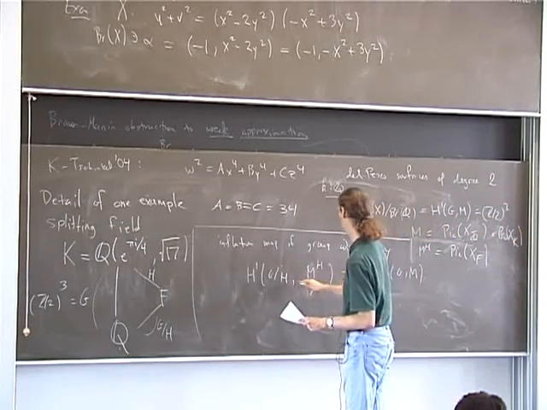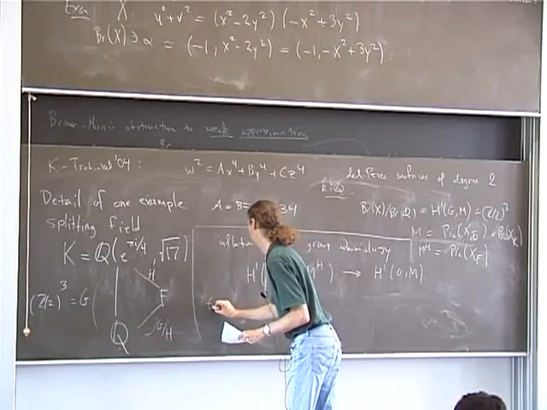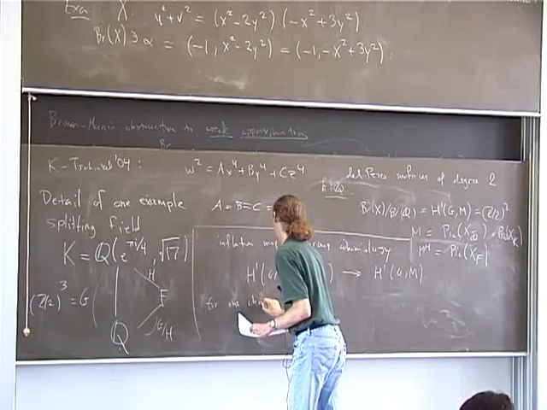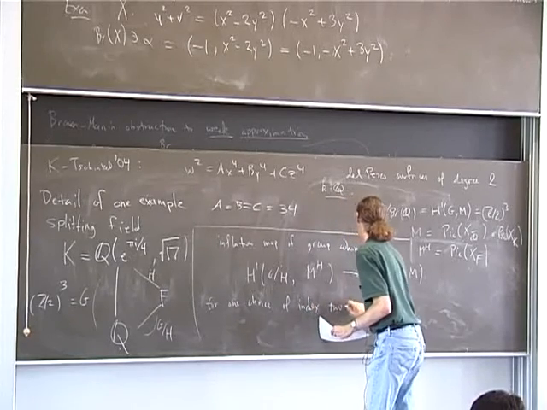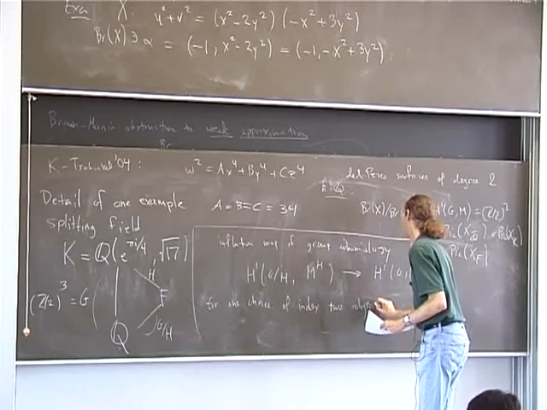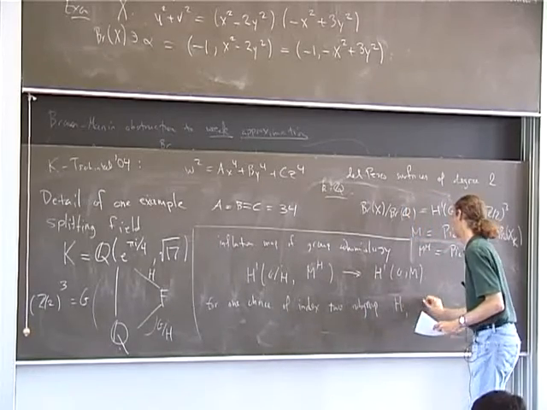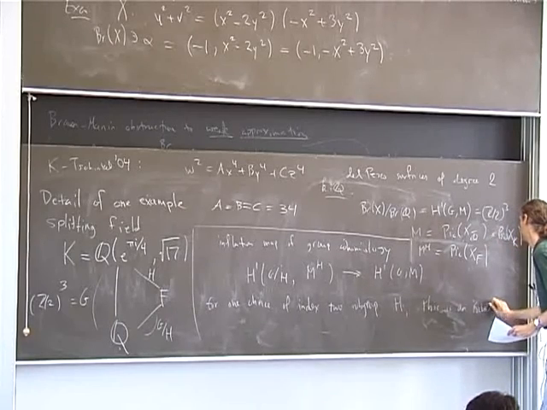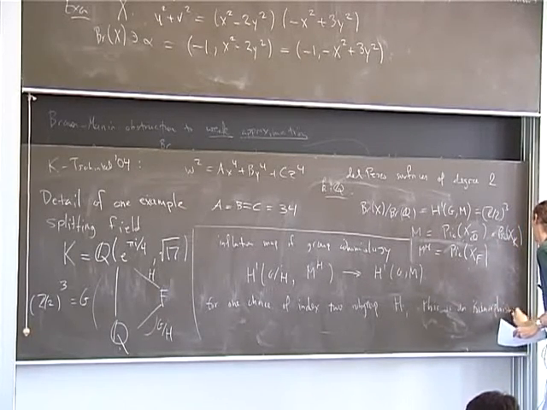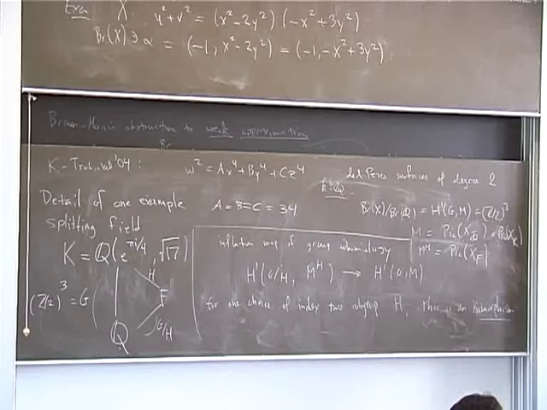And it turns out for one choice of index 2 subgroup H, this is an isomorphism. Now again, there's no theoretical reason why this should happen. It's a phenomenon that we observe.